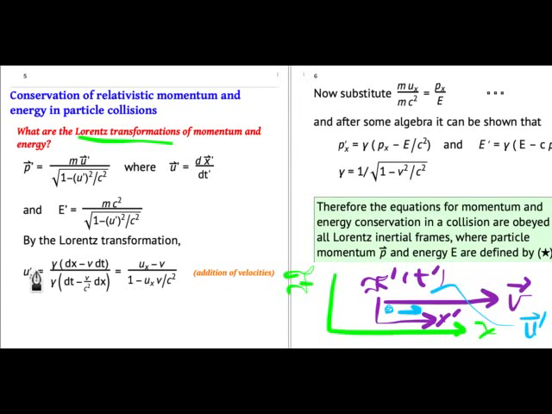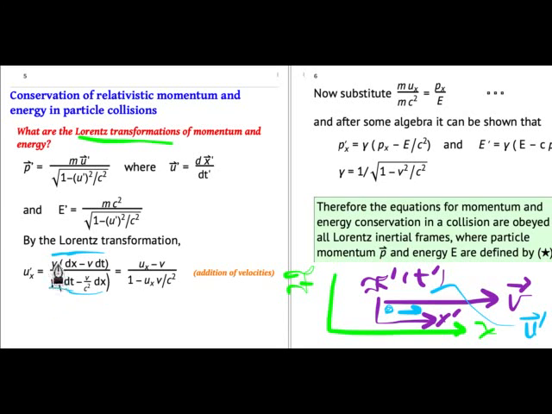So u sub x prime, remember, is gamma times (dx minus v dt), that's dx prime, over gamma times (dt minus v over c squared dx). This is dx prime over dt prime, which is ux prime.